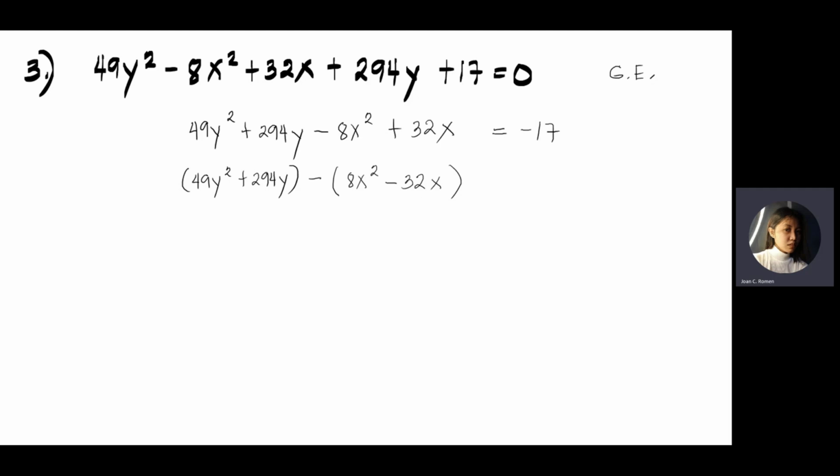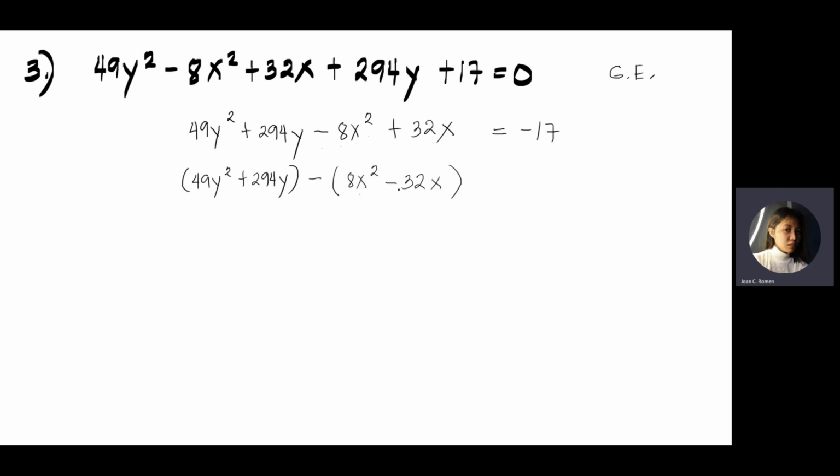Okay? So, same lang to nung rule. Kapag nagtatanggal tayo ng grouping symbol, then meron tayong negative sign sa labas ng parenthesis, if we're going to distribute this negative to each term inside the parenthesis, same lang yan kung ano yung negative 8x squared plus 32x. So, let's try. Negative times 8x squared is negative 8x squared.